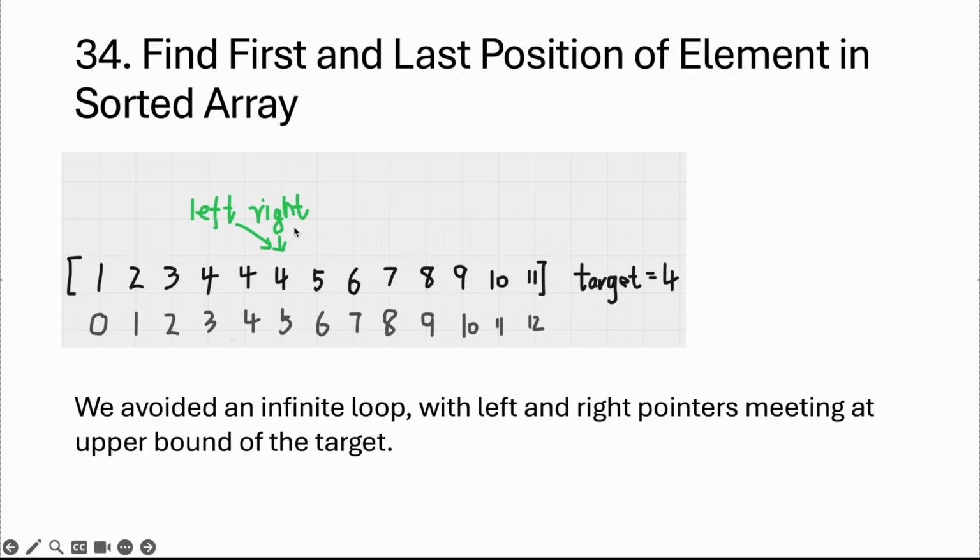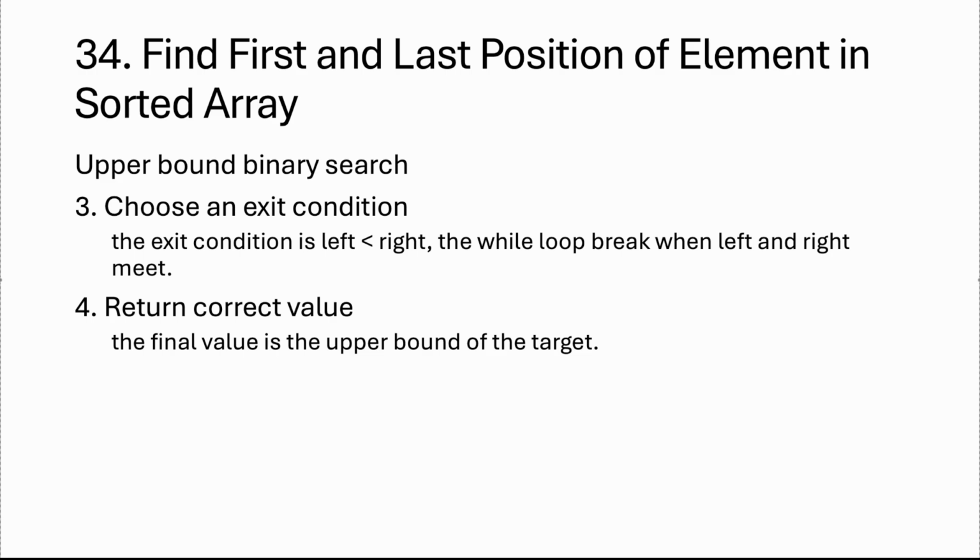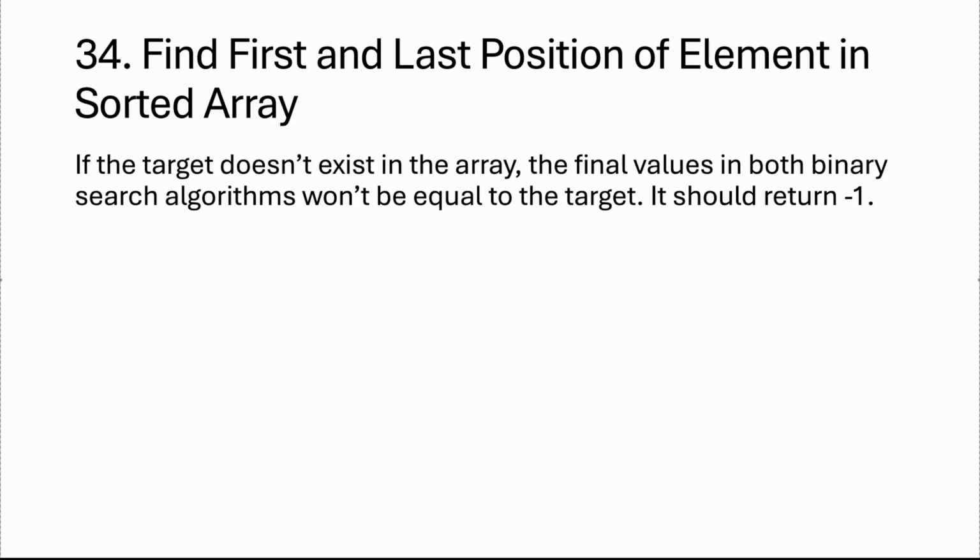Now both left and right pointers are pointing to index 5. We avoided an infinite loop, with left pointer and right pointer meeting at the upper bound of the target. Step 3 and step 4 are the same. If the target doesn't exist in the array, the final values in both binary search algorithms won't be equal to the target. It should return -1.